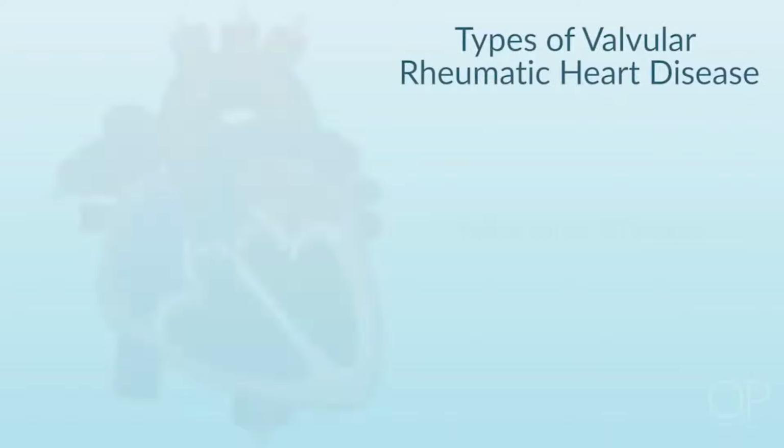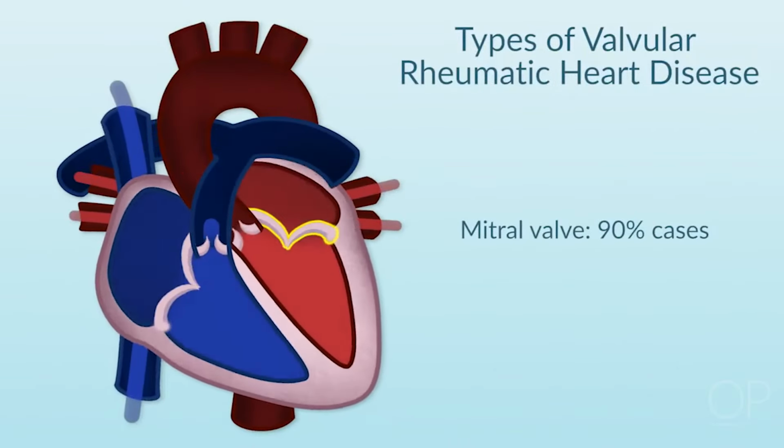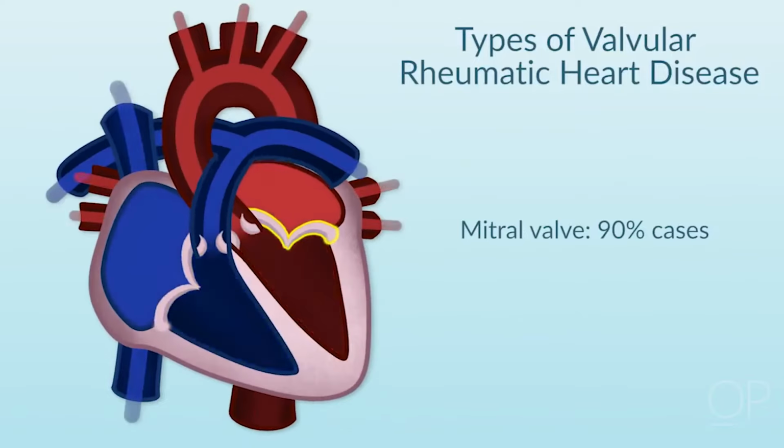So now, what are the types of rheumatic heart disease? The types of valvular rheumatic heart disease are the following. The mitral valve is the most affected, in over 90% of cases of rheumatic heart disease.